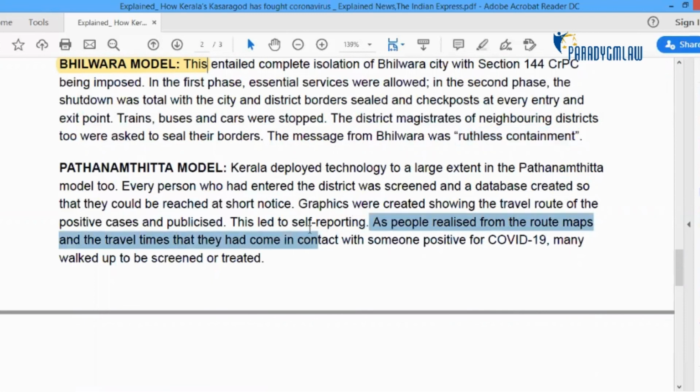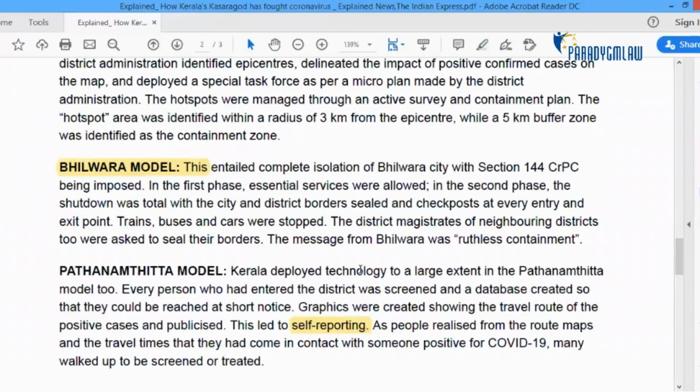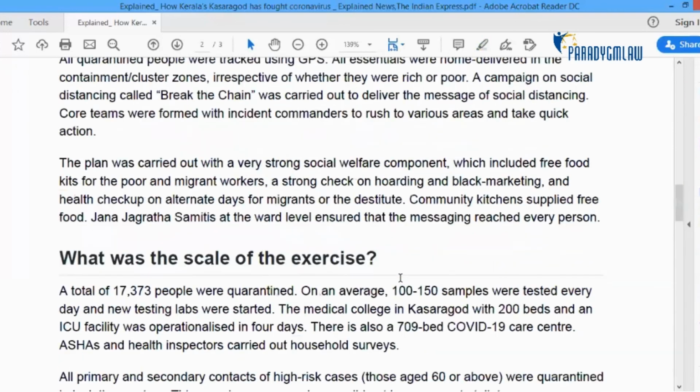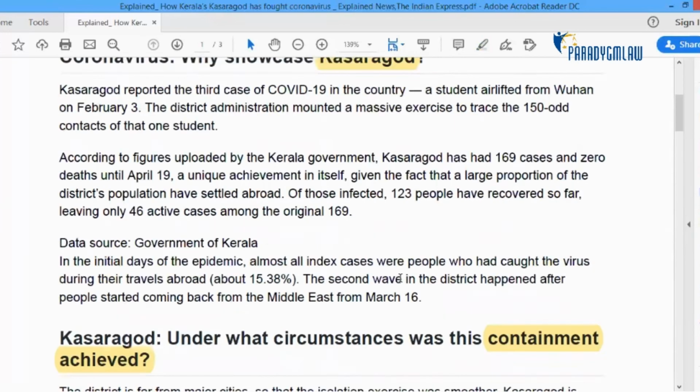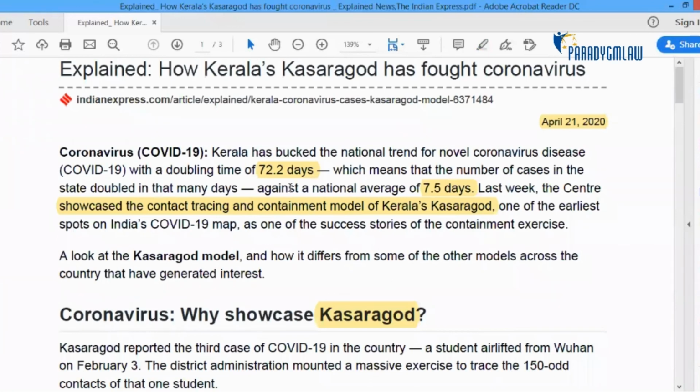Here we're looking at the community being involved. And that brings us to the end of this passage. Now, I hope these three passages have been of help to understand and decode the Kerala model. Thank you.